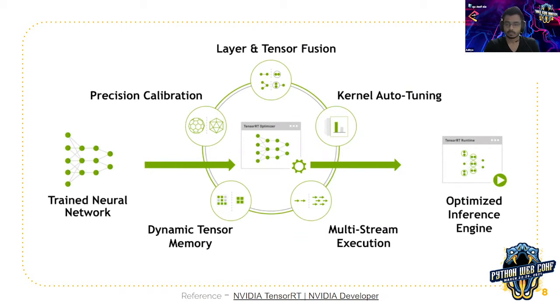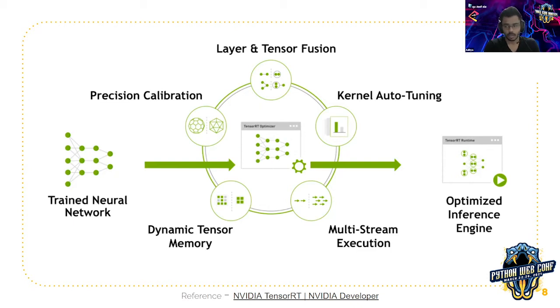So one might wonder, how does TensorRT do this? How is it able to outperform every known deep learning framework in human existence? So typically, if you take a trained neural network, TensorRT applies certain functions and certain optimizations to it, and it generates an engine that is specific to a machine.